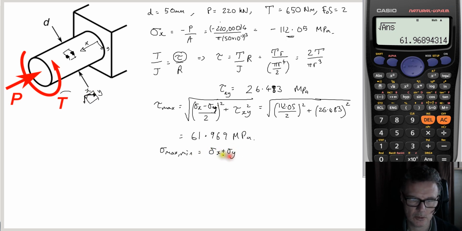So here we're going to use (stress X plus stress Y) over 2, and you notice that becomes plus or minus the maximum shear stress.